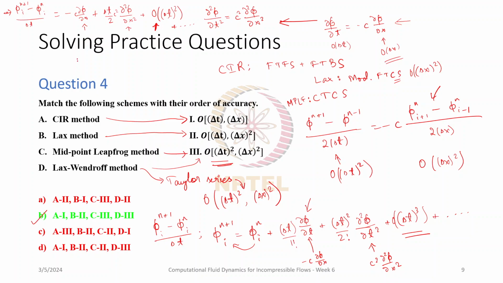So ∂φ/∂x would simply be (φ_{i+1} − φ_{i−1}) divided by 2Δx, and similarly ∂²φ/∂x² would be (φ_{i+1} − 2φ_i + φ_{i−1}) divided by Δx², and these are all second order in space as well. Okay.